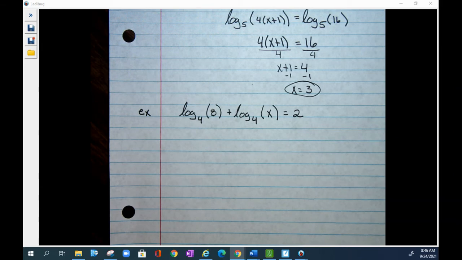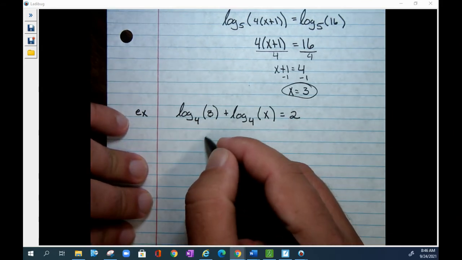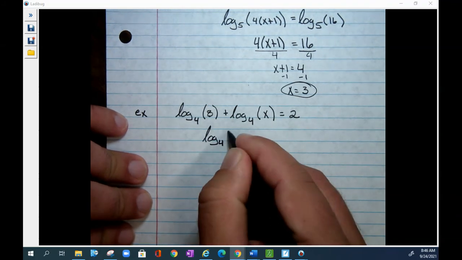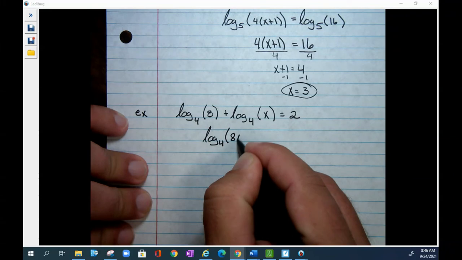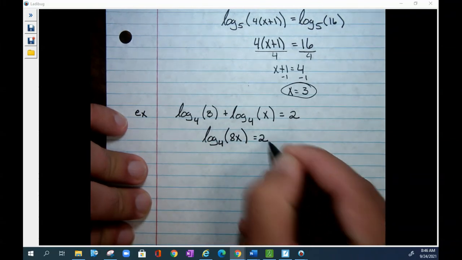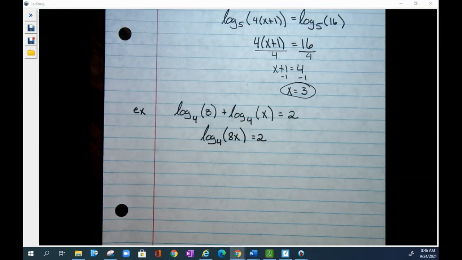So I'm not going to be able to rewrite that log unless I have everything condensed down into one log equals a number. So I've got this plus. This is light work compared to what we were doing yesterday. We know that that is multiplied. So we get that.